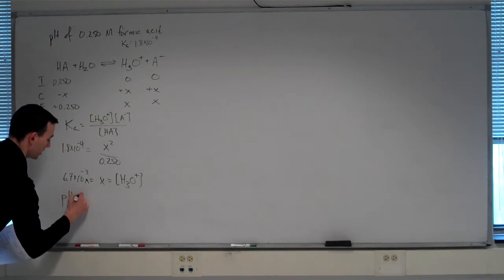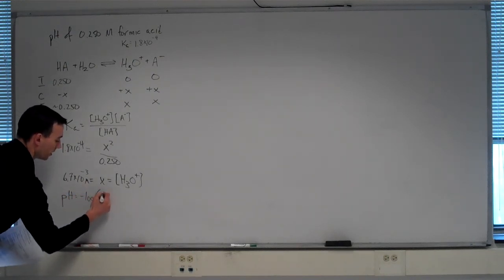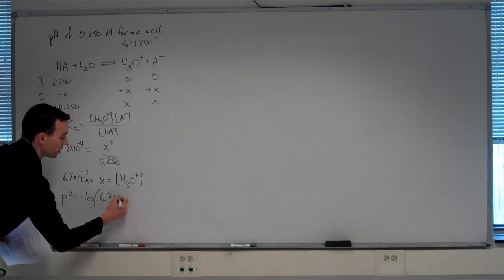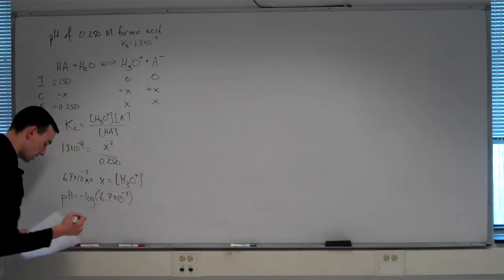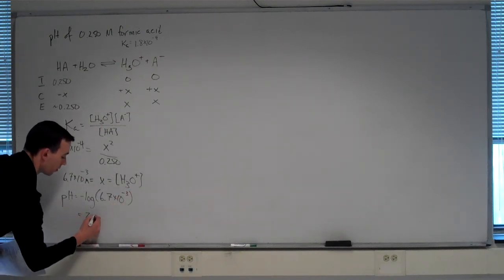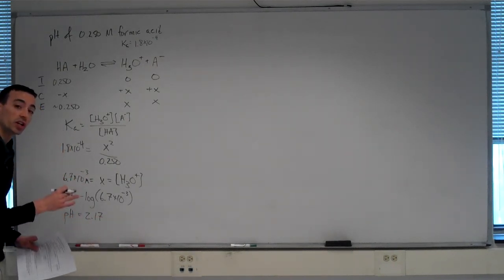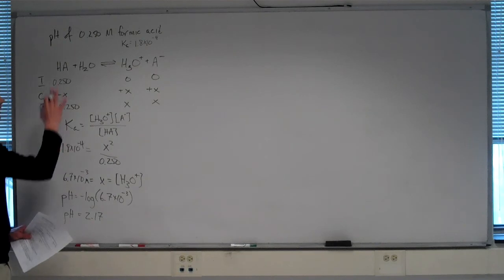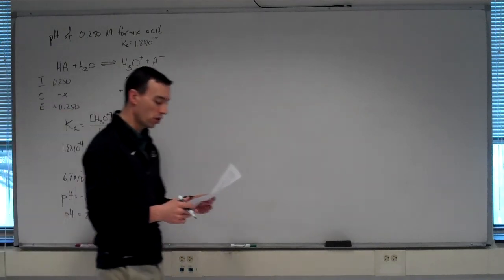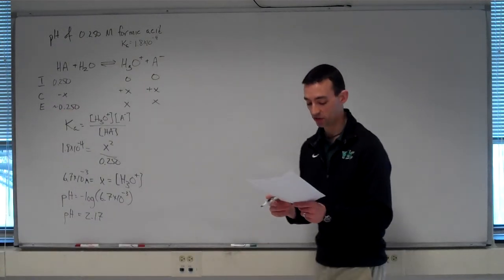So the pH is simply the negative log of this, or 2.17. That should internally make sense for you because this is an acid and that's a low pH value.